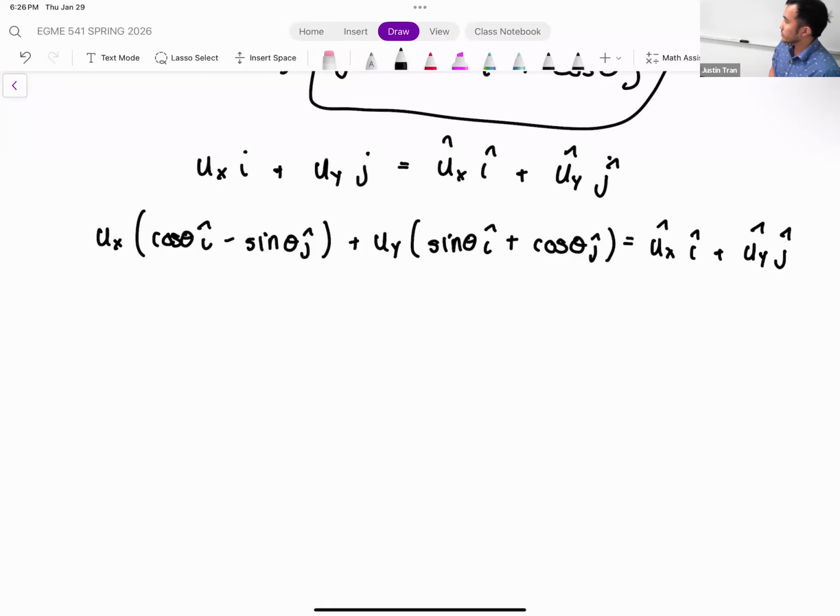All right. Let's take the left-hand side of this expression and group like terms. Right now they're grouped by ux and uy, but let's group them by I hat and j hat instead.